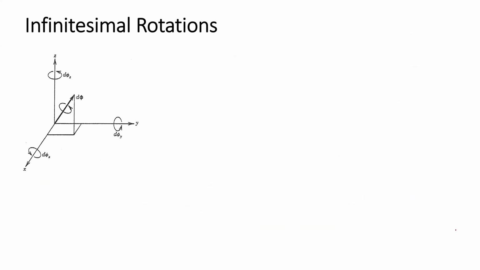So, infinitesimal rotation. I hope we still remember how to obtain the rotation matrix when we consider the rotation about an axis. Before this, we have delta theta. The rotation is with a finite angle, but in this case it's an infinitesimal angle, a very, very small angle.